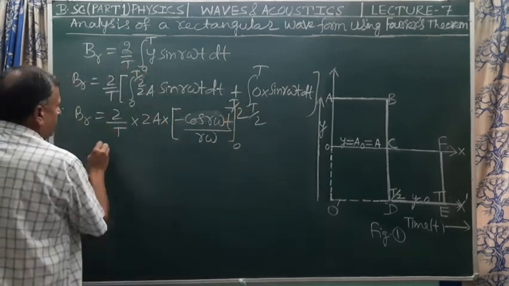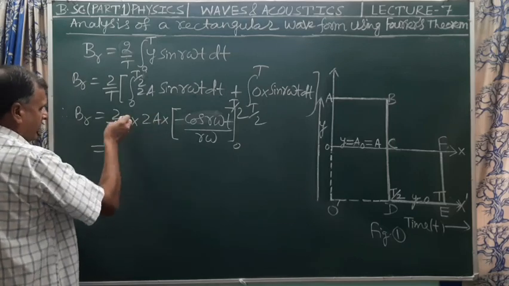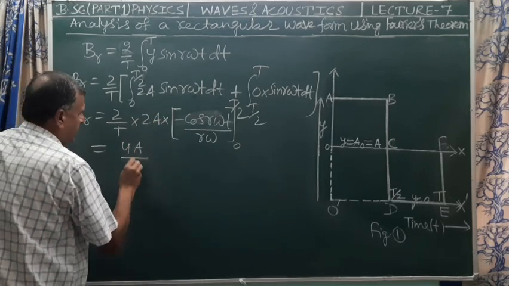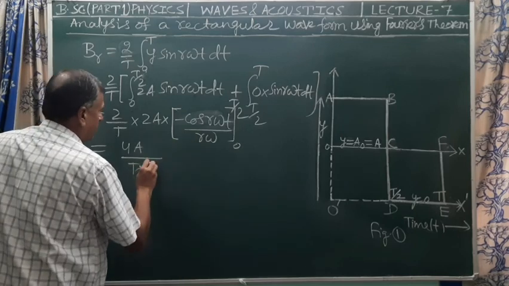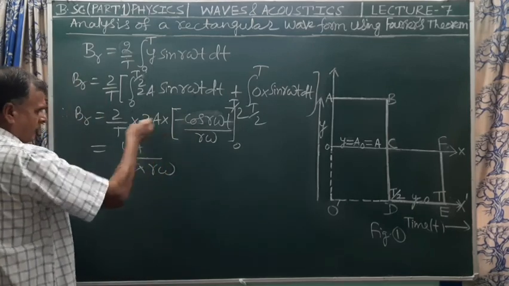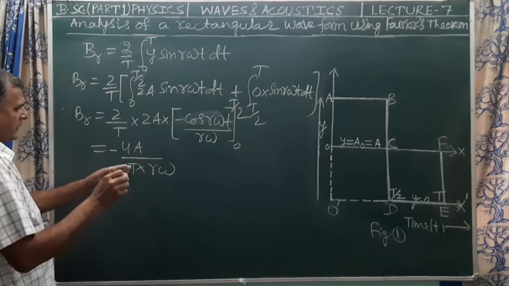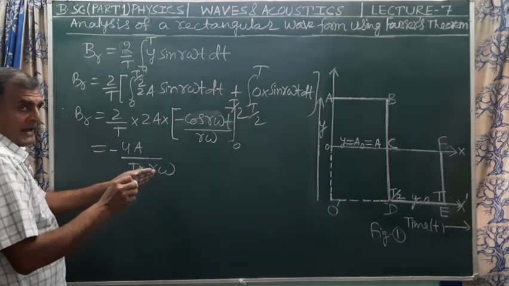upper limit is capital T by 2. Now 2 into 2a outside the bracket is 4a upon capital T. r omega is taken out of the bracket, minus is also taken out of the bracket, so it is minus 4a upon T multiplied by r omega.